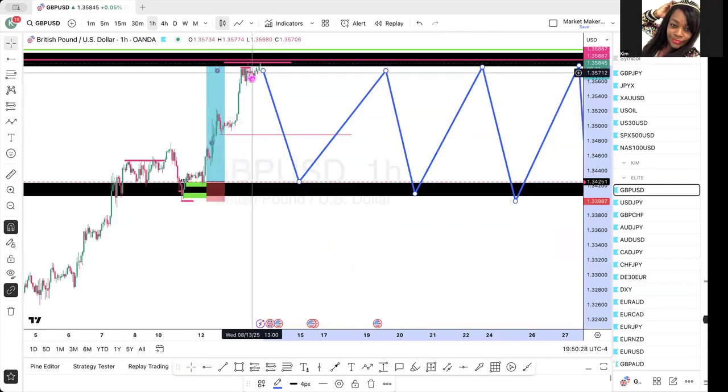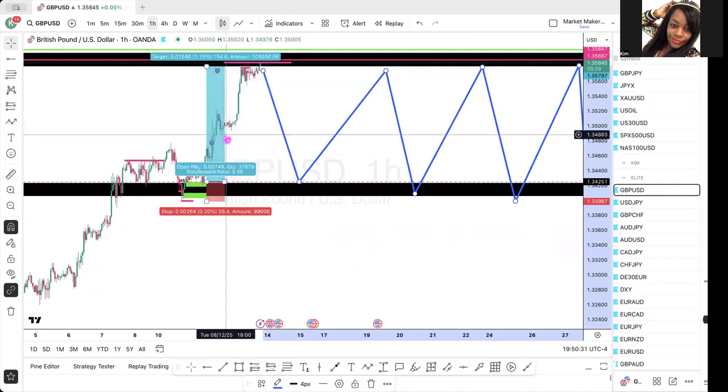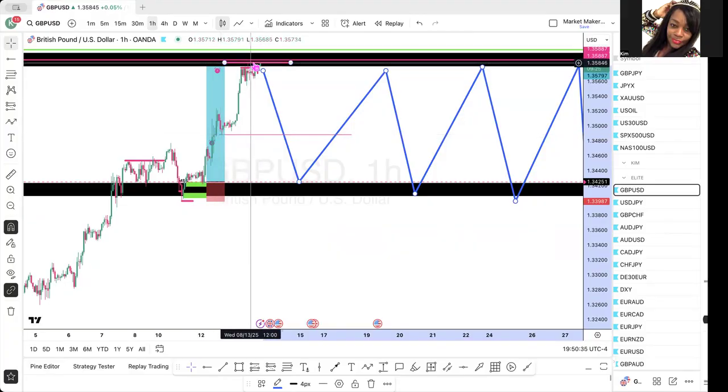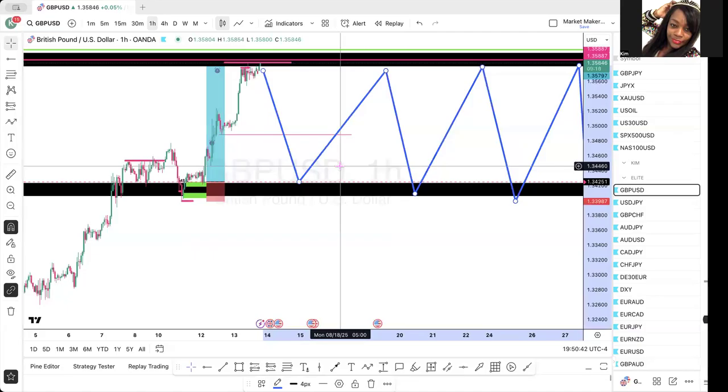So if price doesn't break this high, price has to break this low first. If price does not close above this high right here, price has to close below here before I look for a sell.